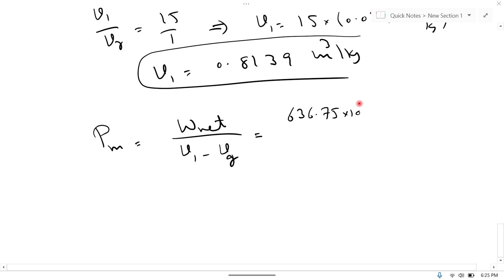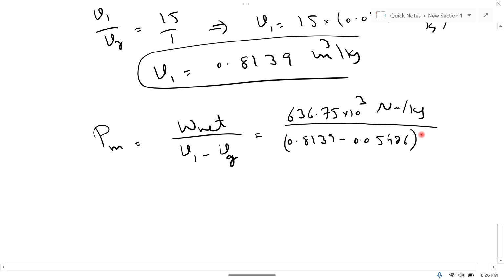Kilo is equal to 10 power 3 and joule is equal to Newton meter per kg. Divide by V1, 0.8139, minus V2, 0.05426 meter cube per kg. So meter cube is equal to meter into meter square per kg.